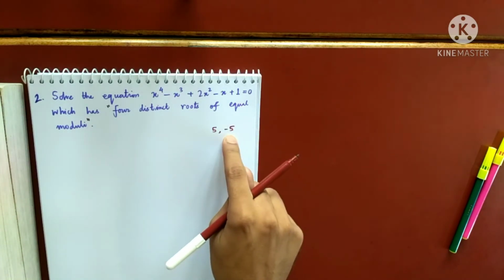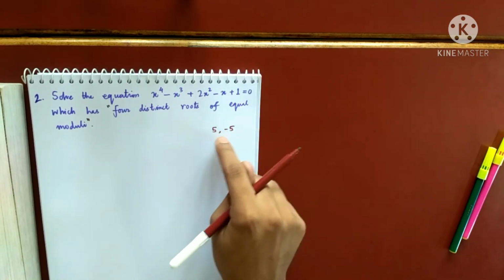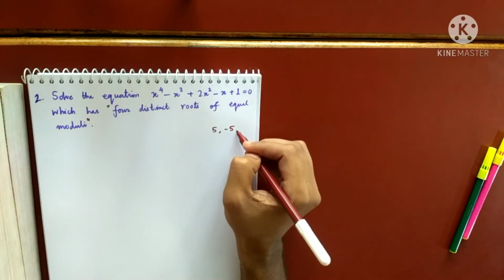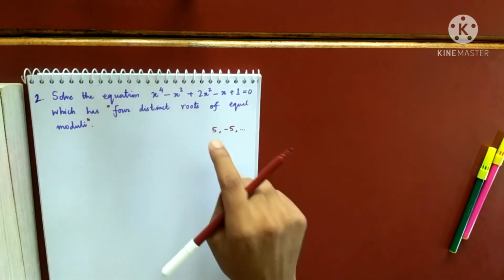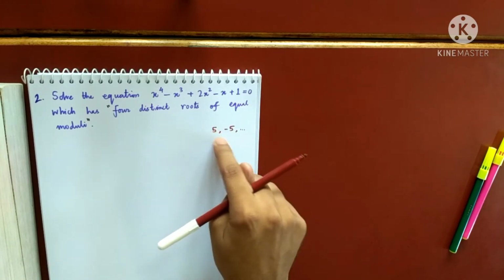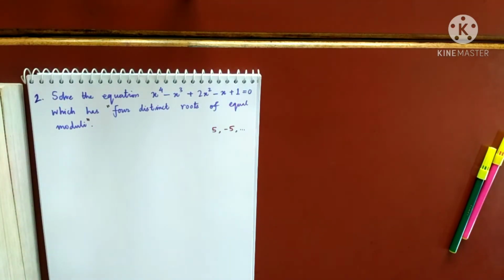Their moduli are the same and they are distinct numbers. But can you find more real numbers whose modulus is the same as 5? You cannot, right? So this equation cannot have all 4 real roots.